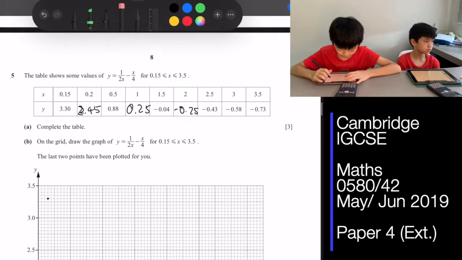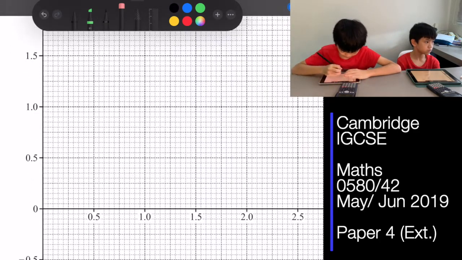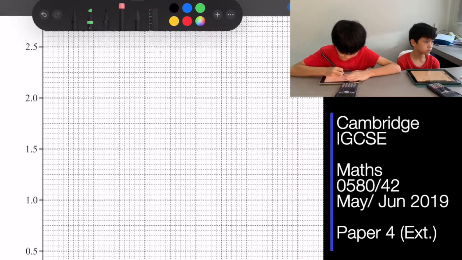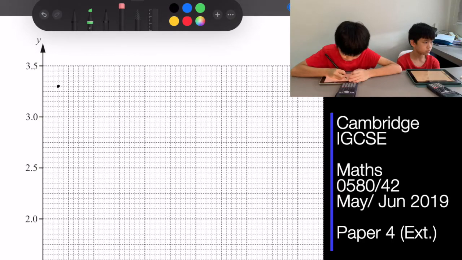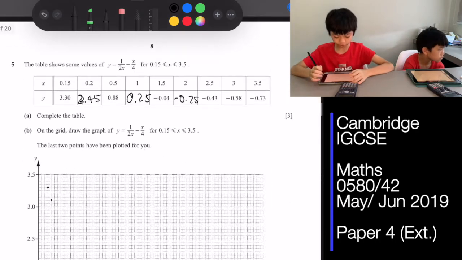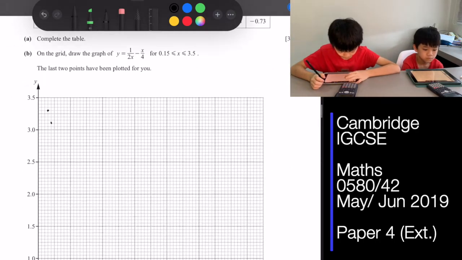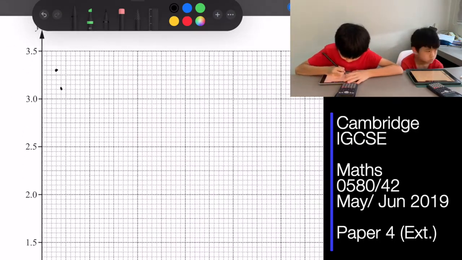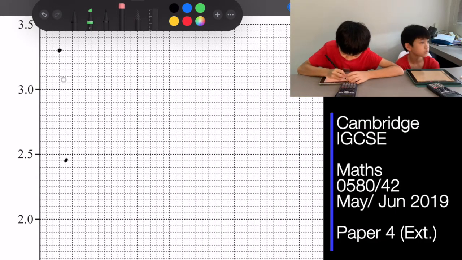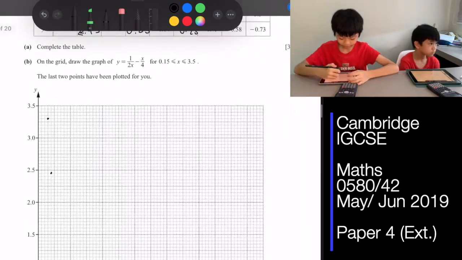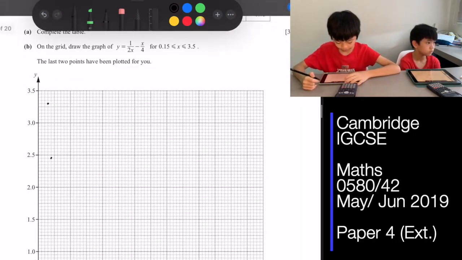Then when x is 0.2, it's over here. And when x is 0.2, y is 2.45, which is over here. That's already a very steep slope from here.